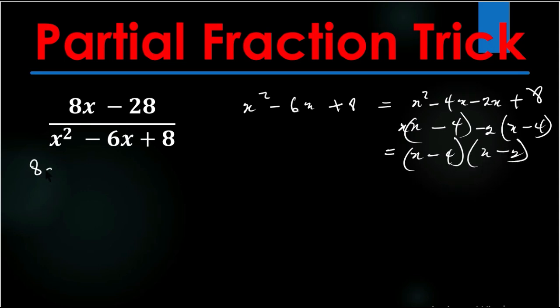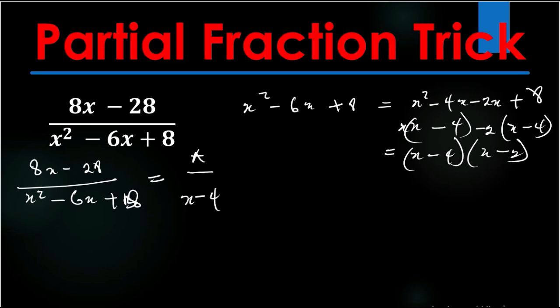So 8x minus 28 over x squared minus 6x plus 8 is the same thing as a over x minus 4 plus b over x minus 2.